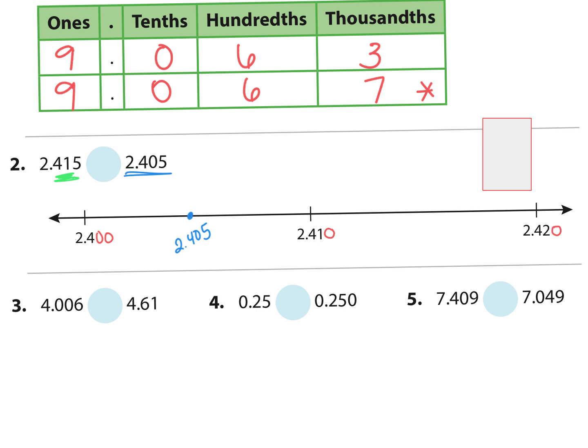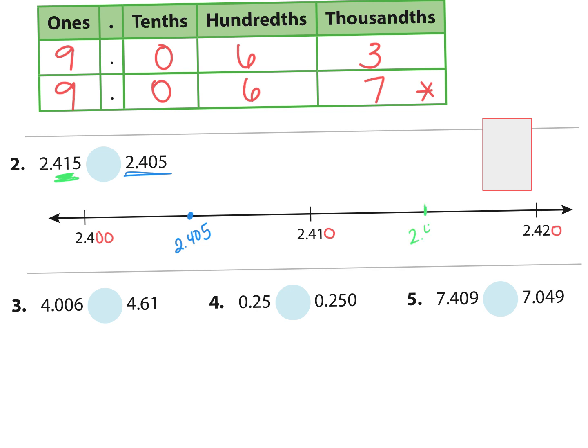And then this number over here, where would it go? It's 415 thousandths. Ben? I would go between the 2 and 410 thousandths and 2 and 420. Right in the middle. Very good, Ben.